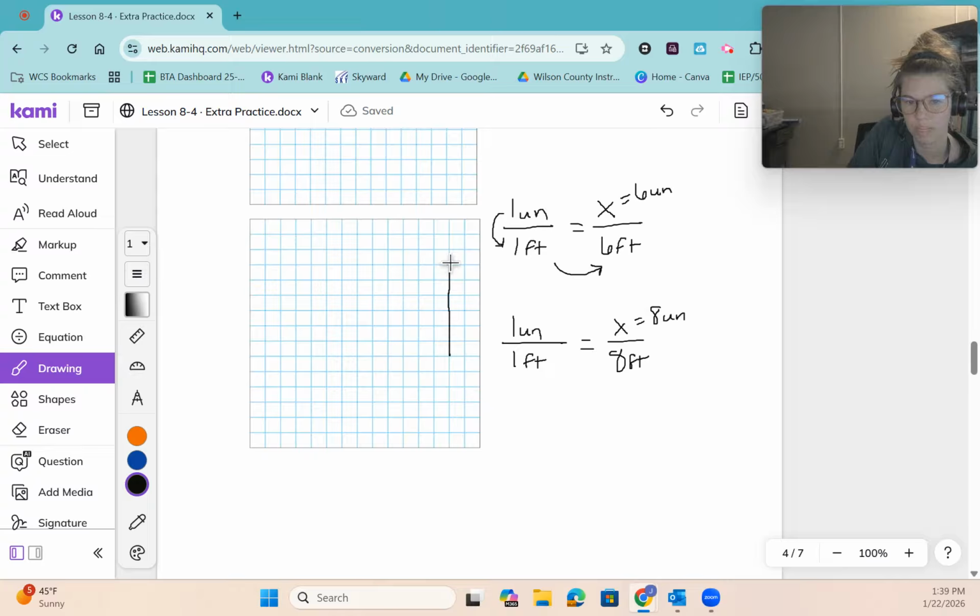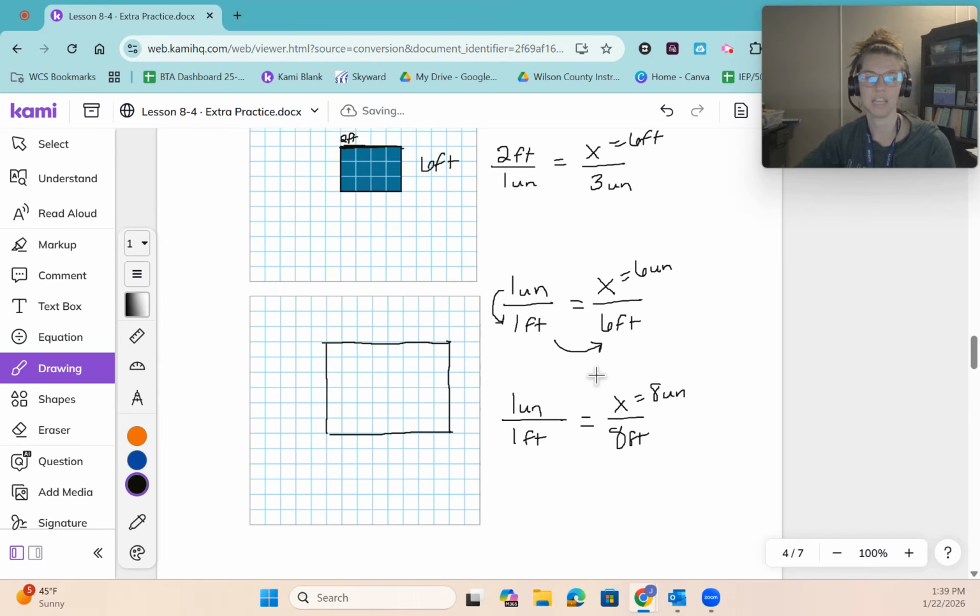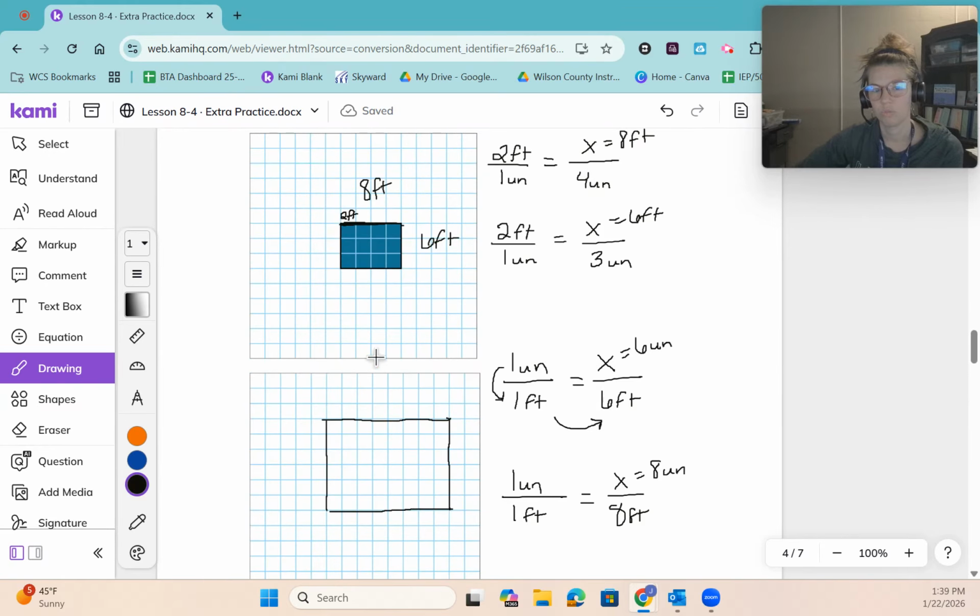And so from here I will draw 8 units across. 1, 2, 3, 4, 5, 6, 7, 8. If I wanted to make this real pretty, I'd use the line feature there. That's probably a better way of doing it, but you can see that is a larger rectangle that is drawn to scale.